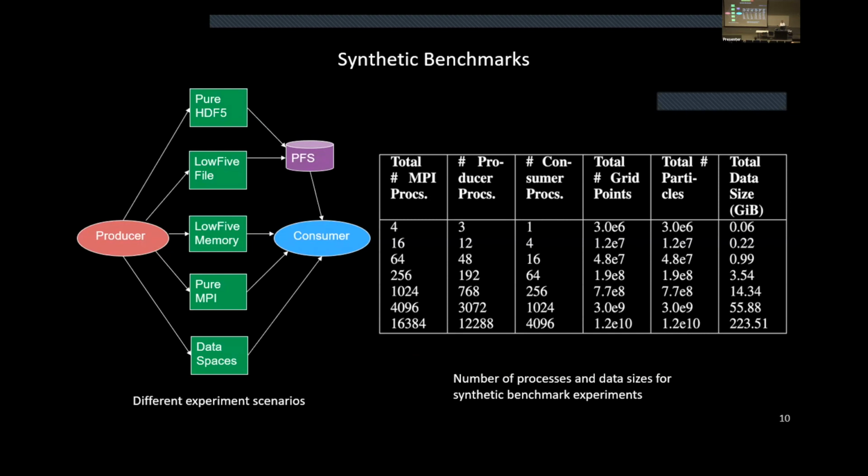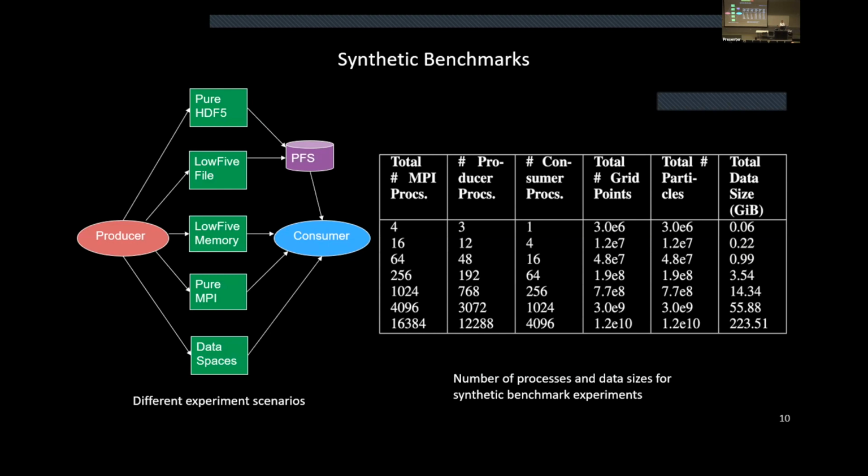So M does not equal N, right? In fact, they're 3 to 1. And on each of those, we put 1 million grid points in one data set and 1 million particles in a second data set per producer rank, and we send them to the consumer ranks. And that's the benchmark test, how long it takes to do that data transfer. There's no compute, it's just pure data transfer over MPI, okay?